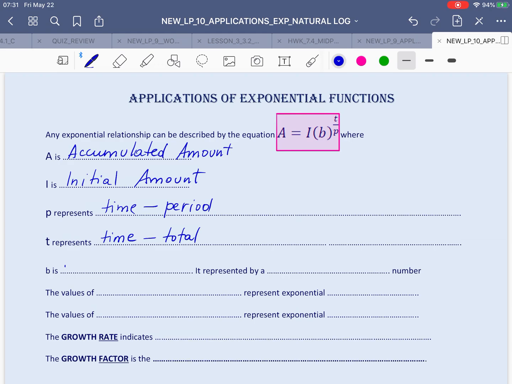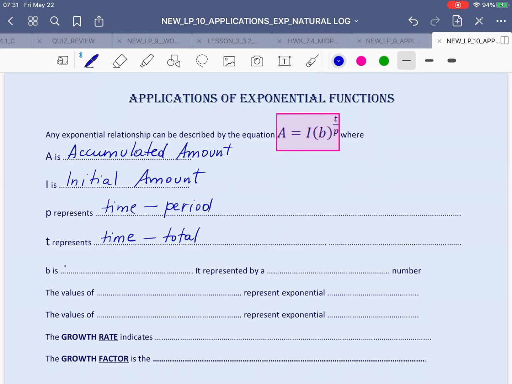For example, we would be told that a population is increasing by 20%. How long does it take for the population to increase by 20%? That would be the period. If we're asked to find the population in a certain length of time, that would be the time total. We'll get into more details and explain it a little better when we look at the examples.